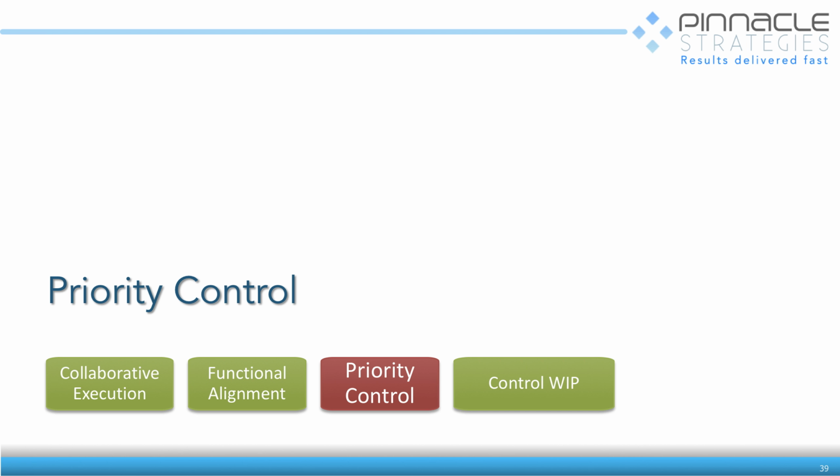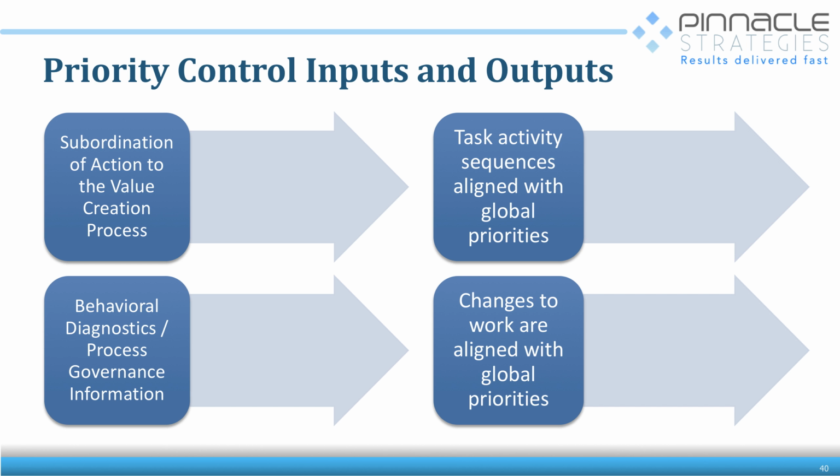Now, once we have the metrics in place, we have a scoreboard. Here's who does what, and we can focus on controlling priorities. Controlling priorities is about decision making. What comes before what, all right?